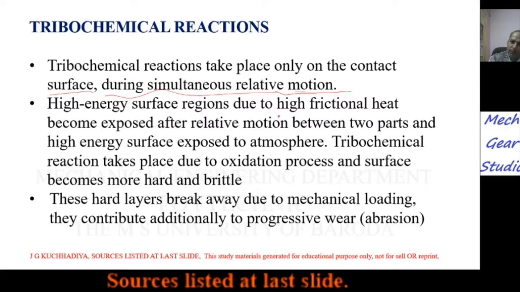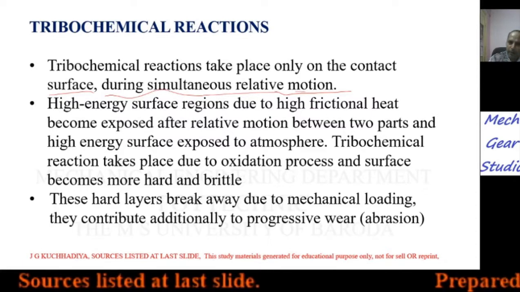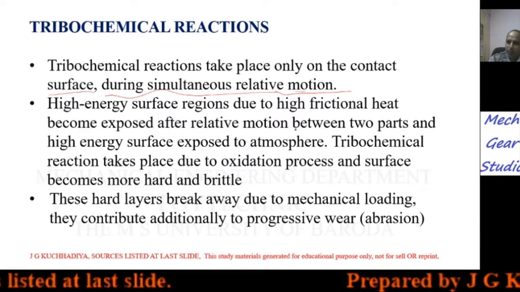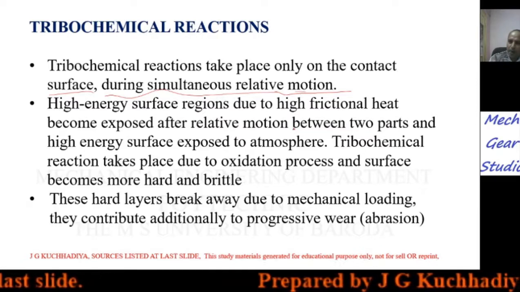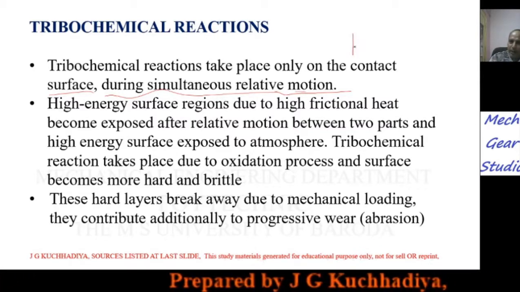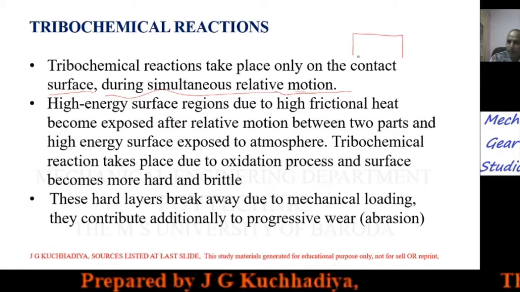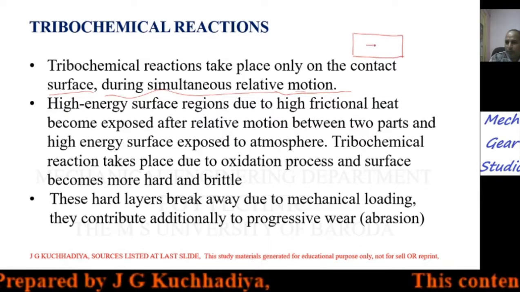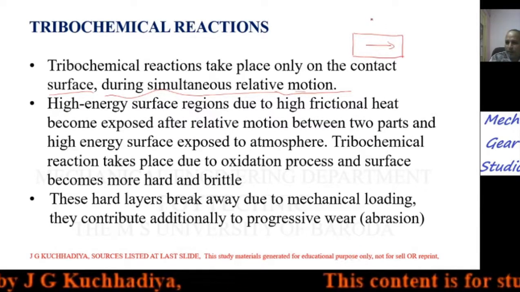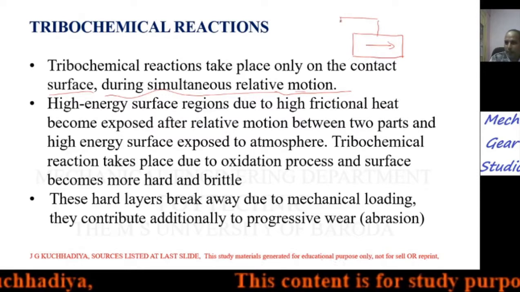High energy surface regions due to high frictional heat become exposed after relative motion. If one part is sliding over another, this is moving this side and this object is moving this side.